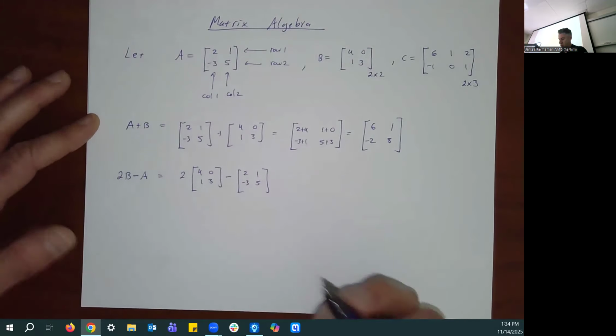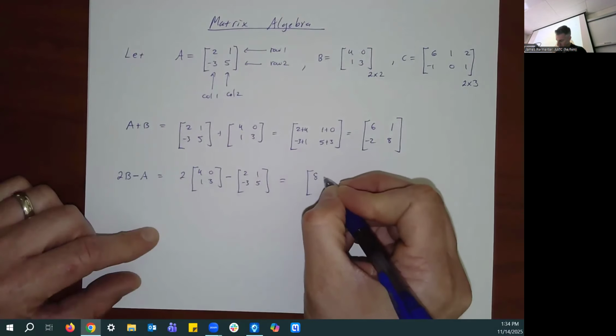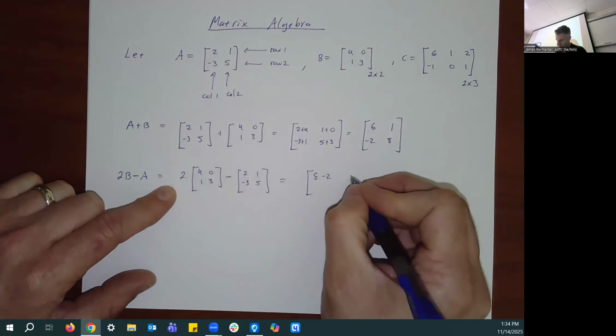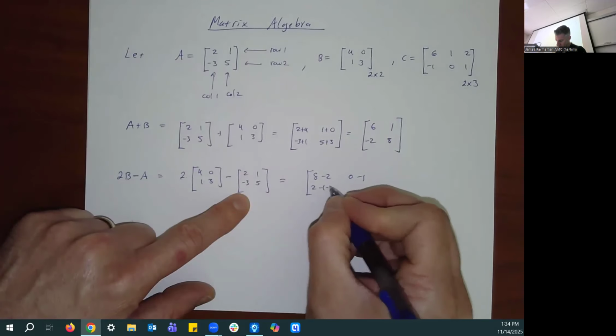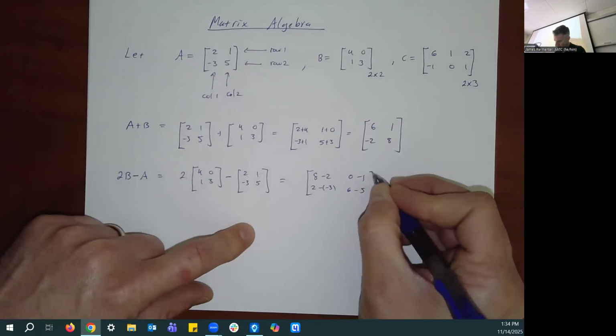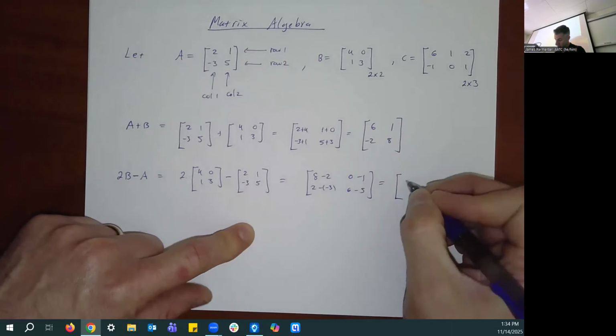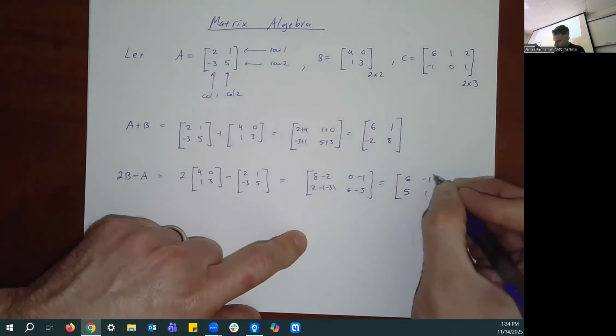You could probably do this in your head, but we'll write another step here. 2 times 4 is 8, so we're going to have 8 minus 2, and then 2 times 0 is 0 minus 1. 2 times 1 is 2 minus 3, and 2 times 3 is 6 minus 5. Simplifying that, we get the matrix 6, negative 1, 2 plus 3 is 5, and then 1.